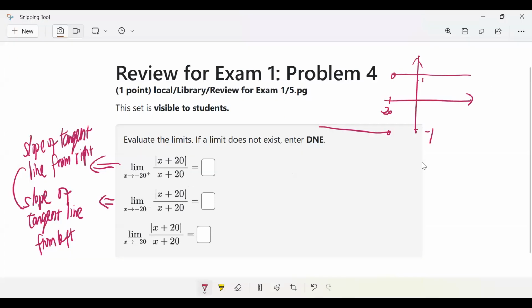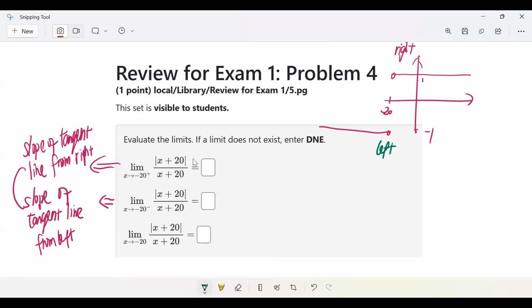Yeah, this is basically our chart, right? So this is basically the limit as x approaches -20 from the right. This is the right-hand side. This is the left-hand side. And then they don't agree with each other.